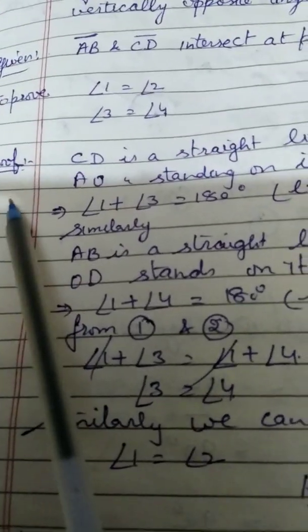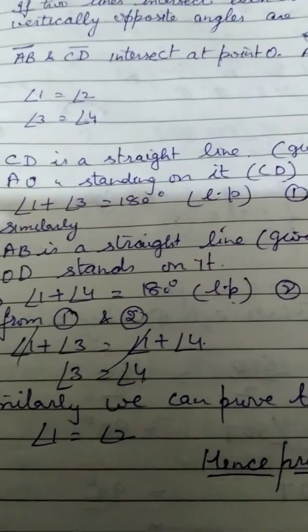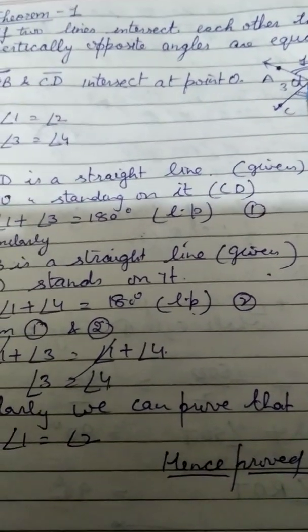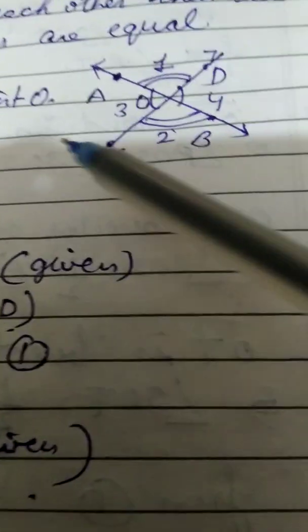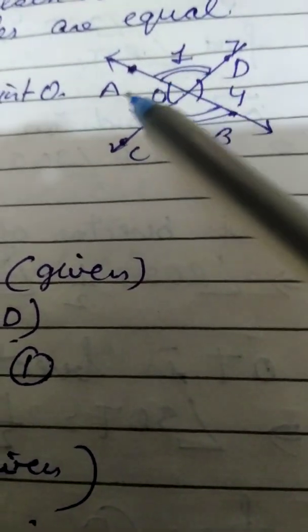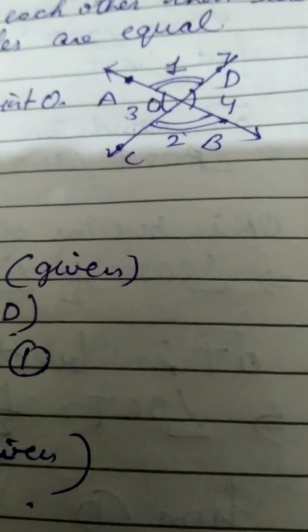Now we come to the proof. Now CD is a straight line, and AO is standing on it. Therefore, angle 3 plus angle 1 is equal to 180 degrees.